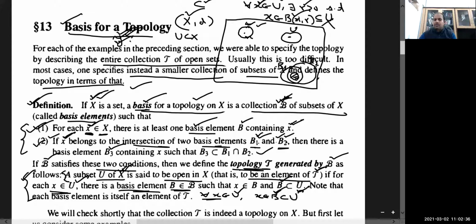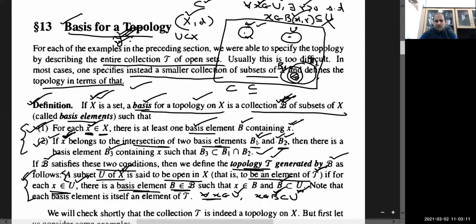If there are two basis elements B1, B2 containing x, then there must be a third member B3 from this collection which is sitting inside B1 intersection B2. Remember that in Munkres this notation stands for this one. Now, if script B satisfies these two conditions, then we will say that the topology is generated by this collection B as follows.